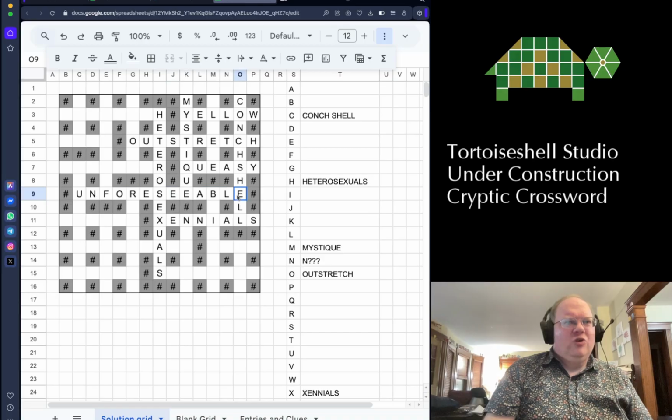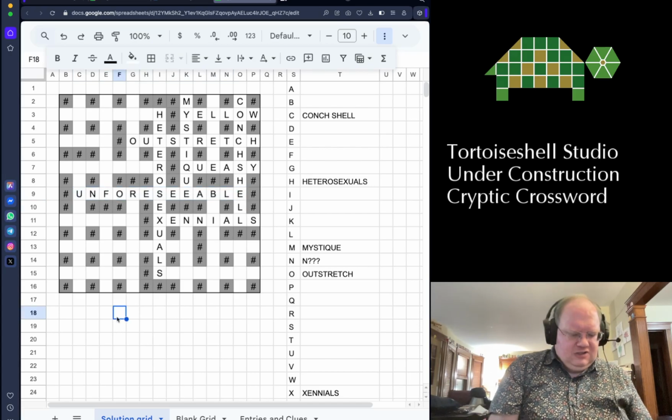If this were an anagram, what would it even be an anagram of with that many E's? I mean, we could have feeble in there. So if it were feeble, then you'd have UNORSEA.